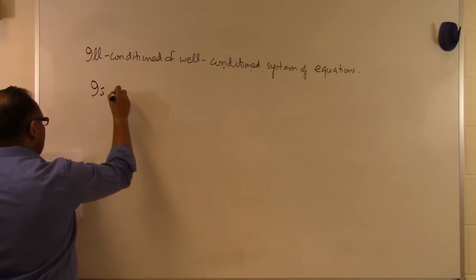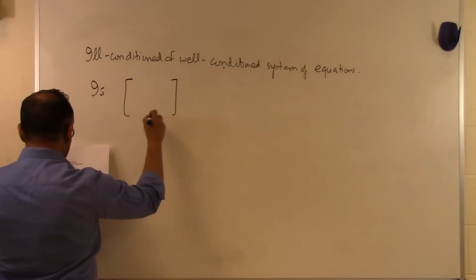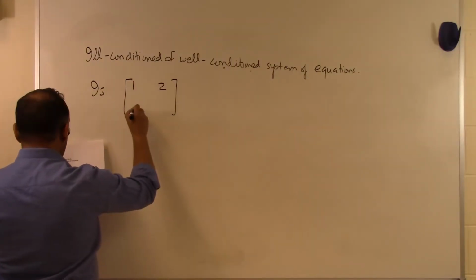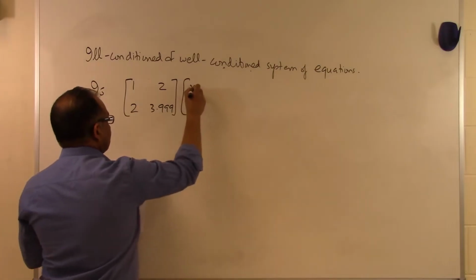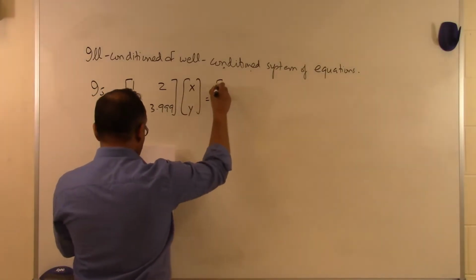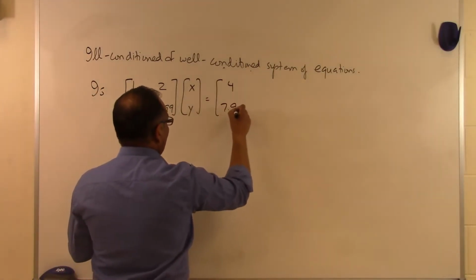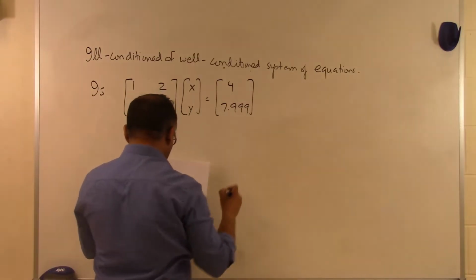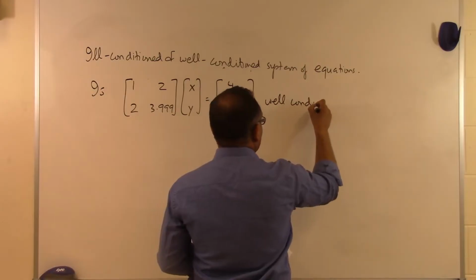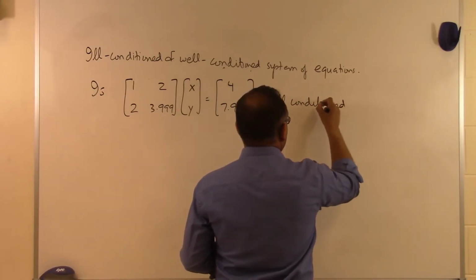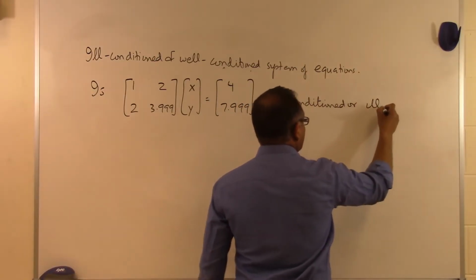Let's suppose somebody says, is this particular system of equations, 1, 2, 3.999 times x, y equal to 4, 7.999, well-conditioned or ill-conditioned?